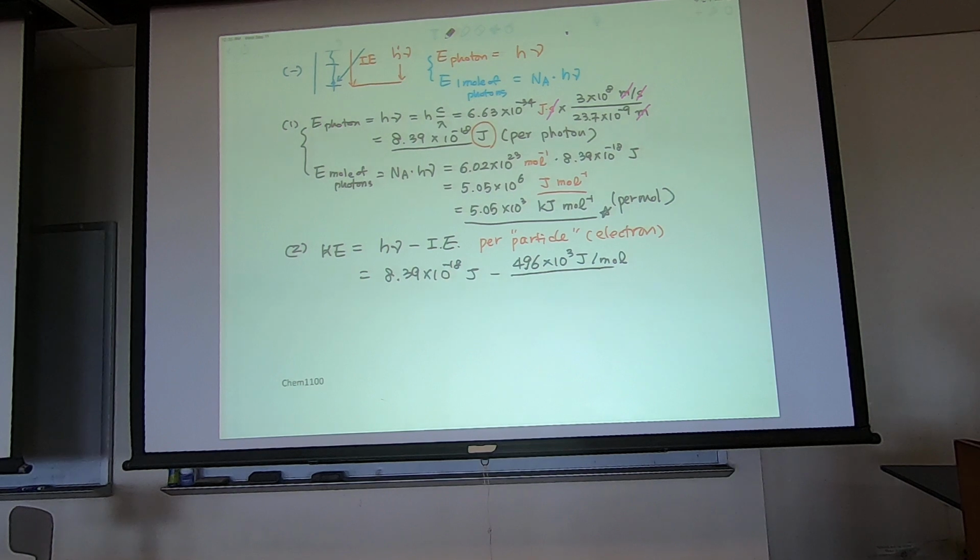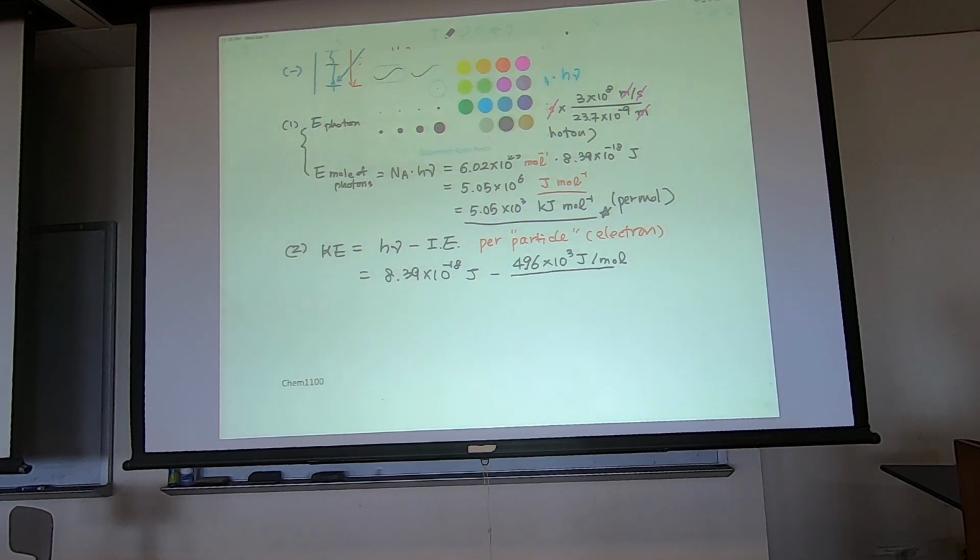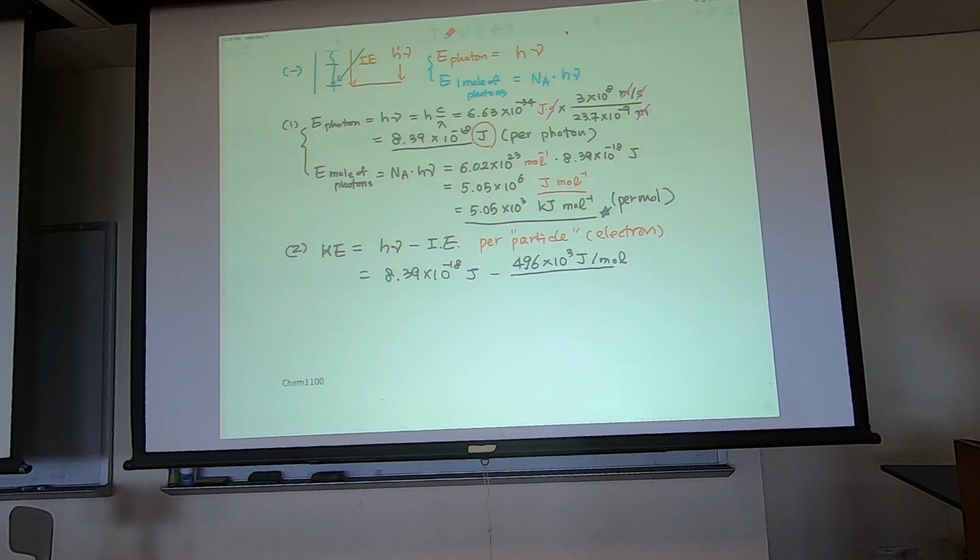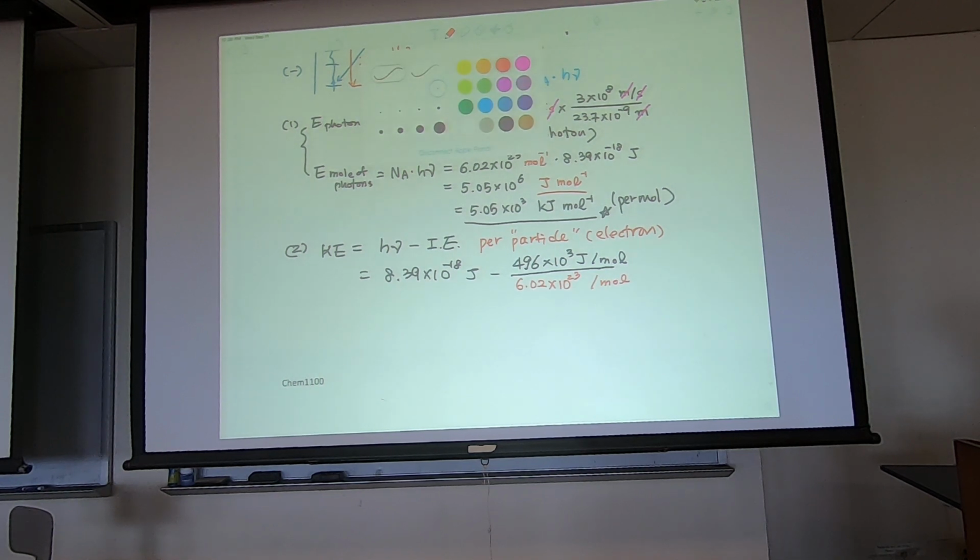And then, if you're really looking at the unit, this one doesn't match. You can suspect that this is not right, comparing apple to apple here. So therefore, what you need is to divide that energy by Avogadro's number, which is per mole. And look at this.